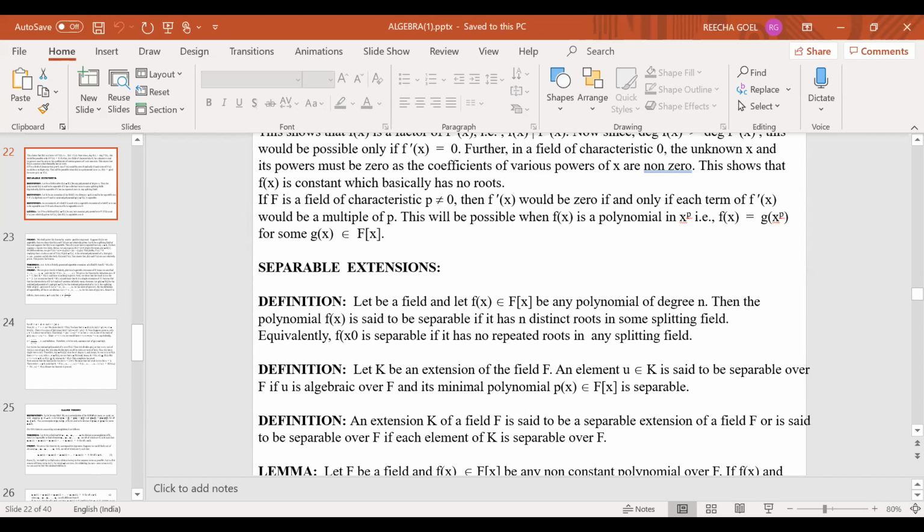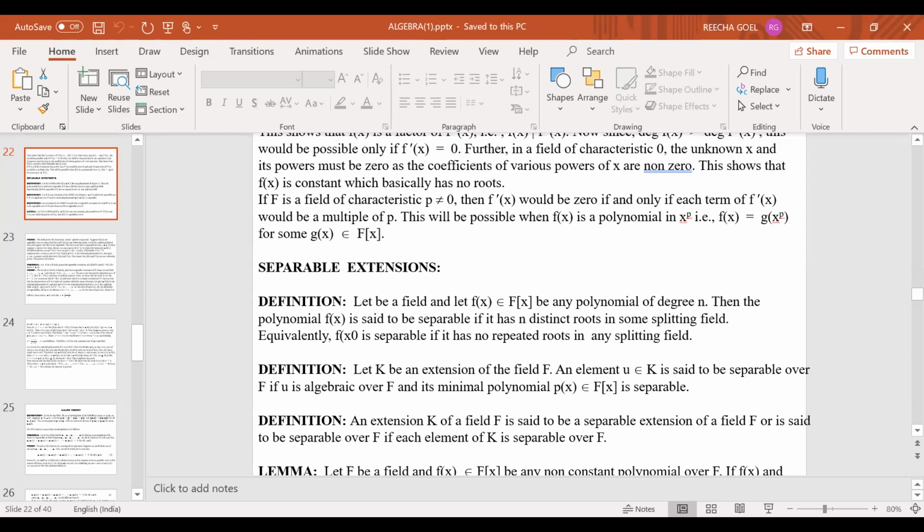That is, it is a finite extension in which f(x) has got all the roots. This is known as the full complement of roots. That is, the full complement of roots of f(x) lies in E.